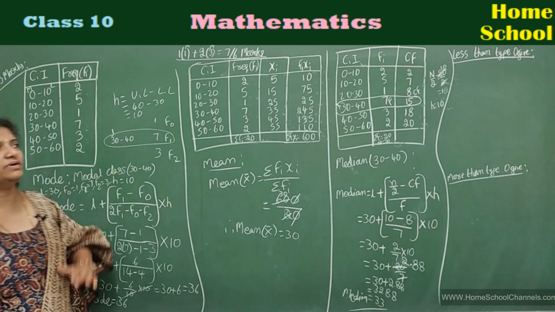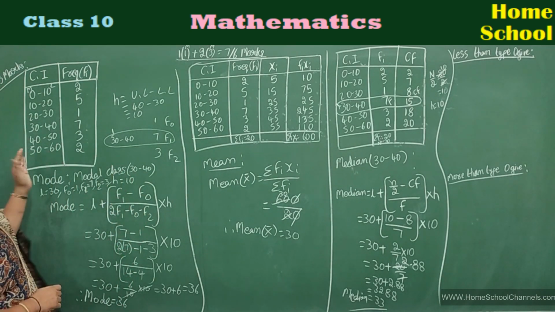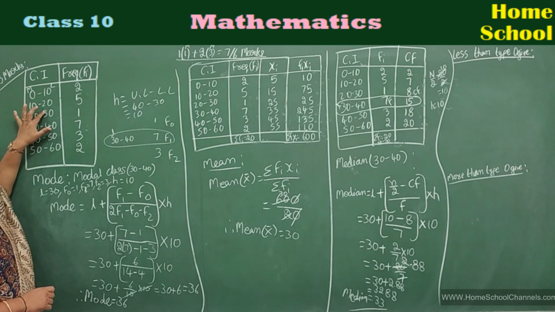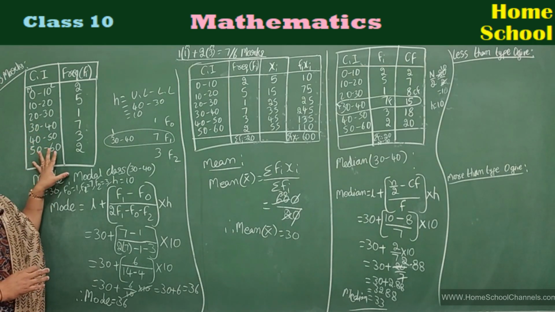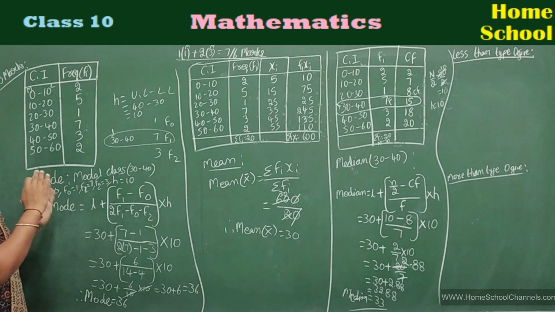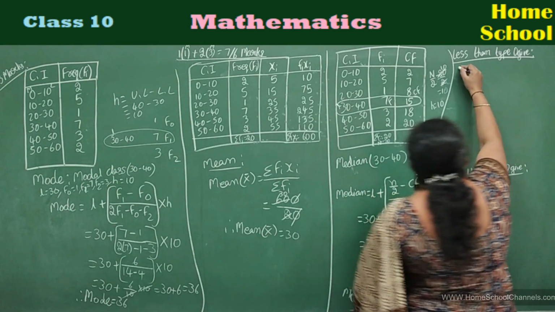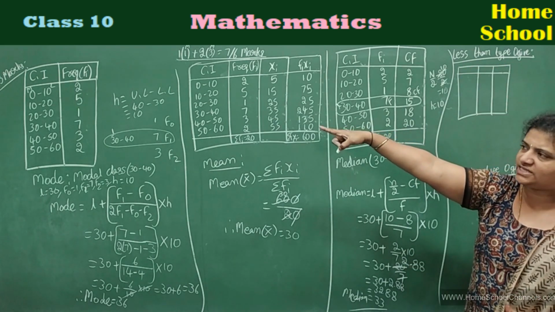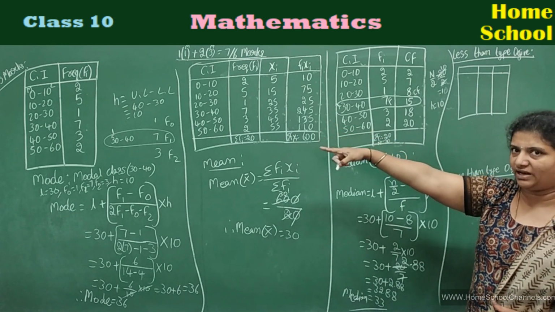Okay. First one, I start with less than type ogive. Less than, which one I need to take? This one. Less than 10, less than 20, less than 30, less than 40. See, the question is here. By seeing this question, again we need to draw another table. Class interval, which limit we are taking? 0 is lower limit, 10 is upper limit.